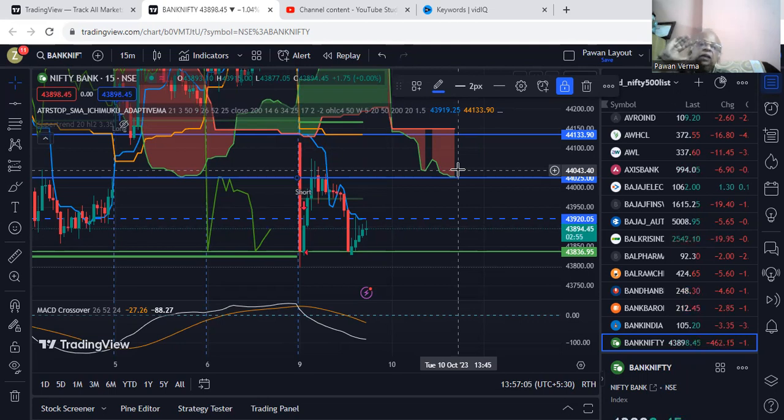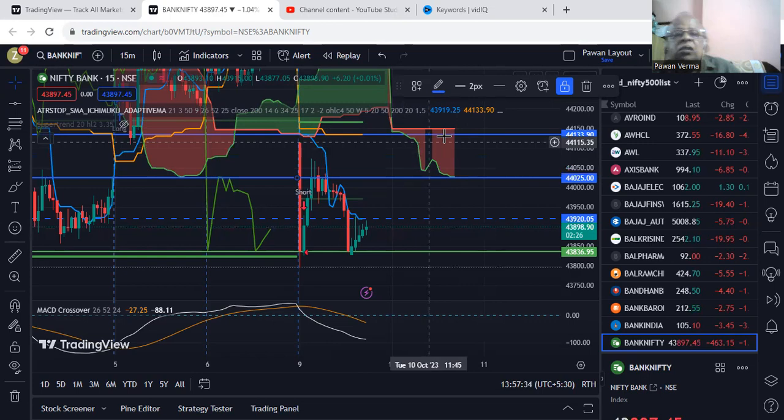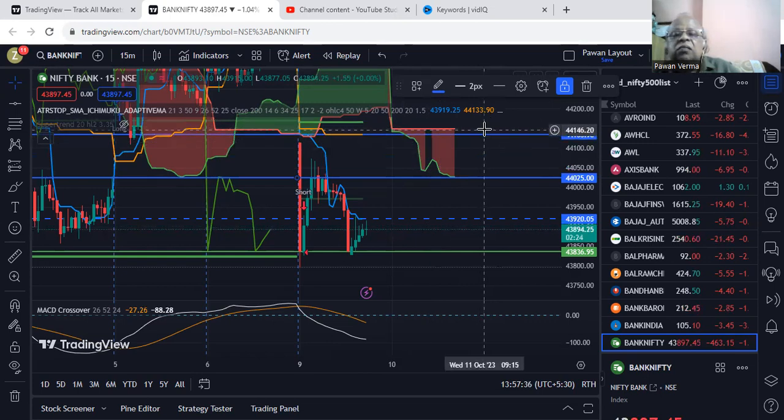So I am expecting that Bank Nifty will trade above 43,920. Thereafter, it will move towards 44,025, and if that is taken away, then the next target is 44,133, or you can say 44,146.